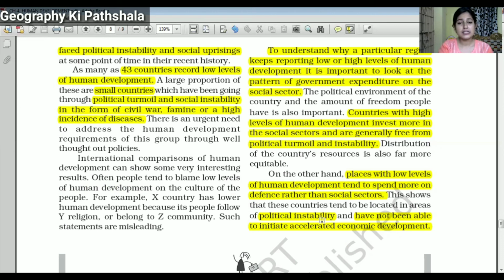So you can see that all those particular countries are not able to initiate any accelerated economic development. So by this we can say that we are covering this chapter, which is your fourth chapter, human development.